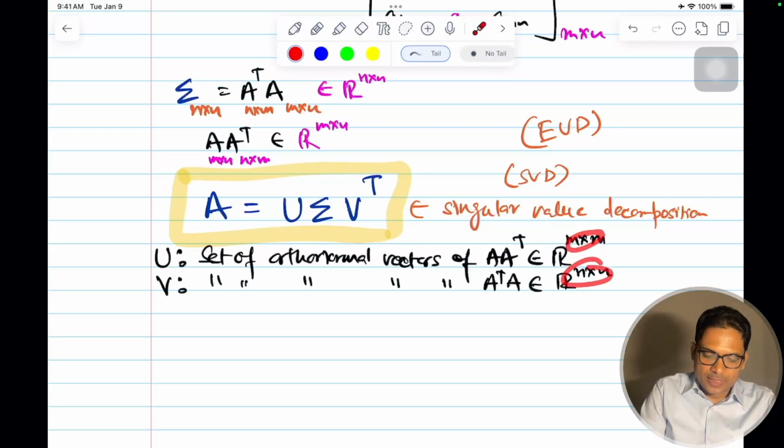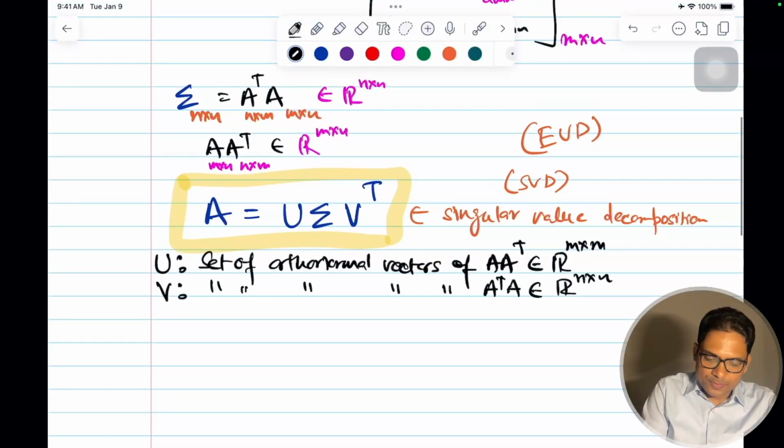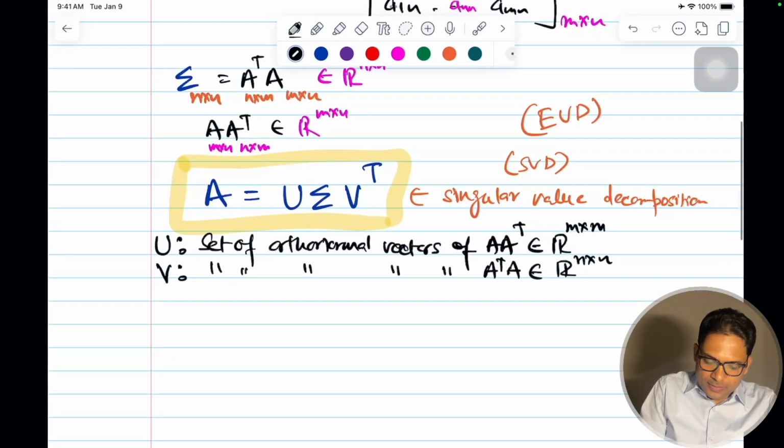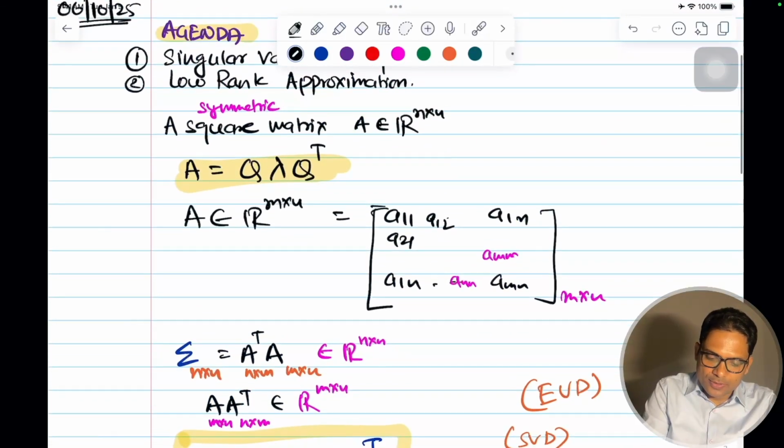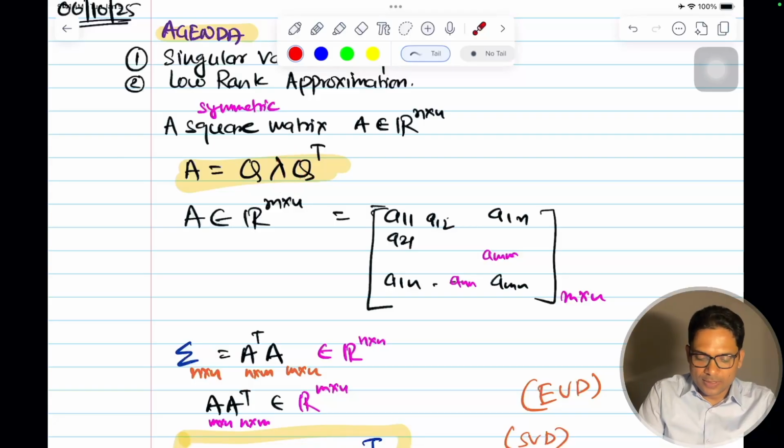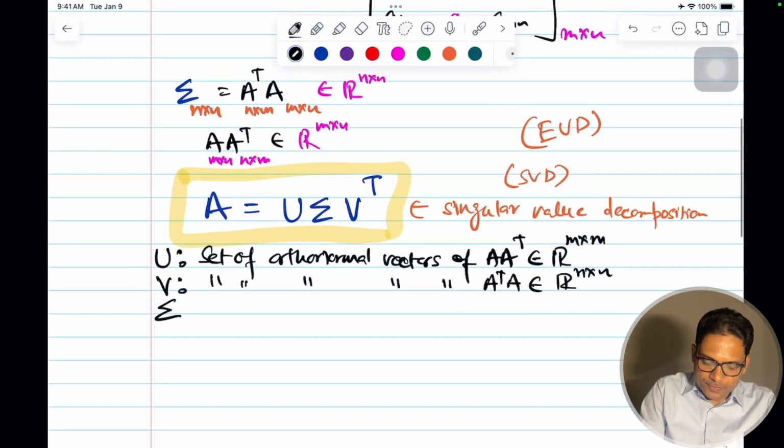Okay. And what is your sigma? Sigma is similar to this, right? We will have a lambda, all the eigenvalues.